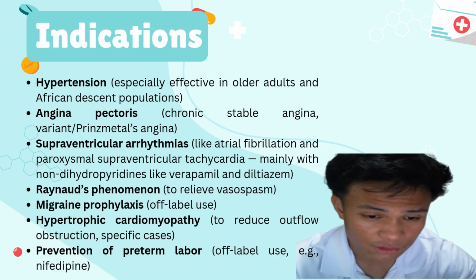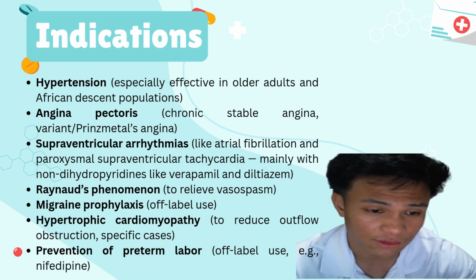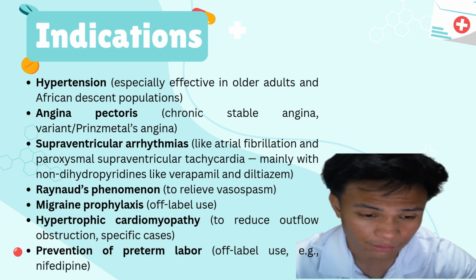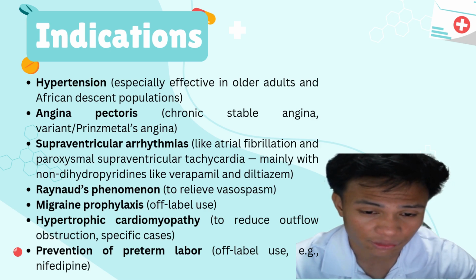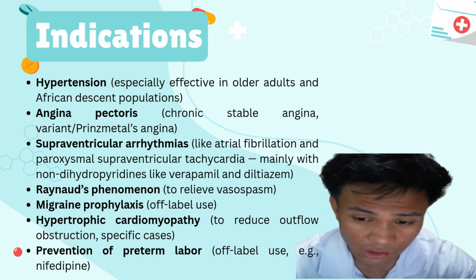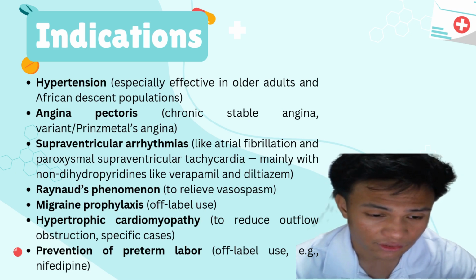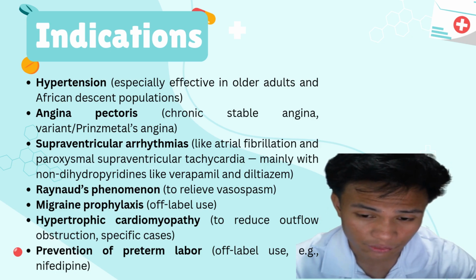Fourth is Raynaud's phenomenon, to relieve vasoconstriction. Fifth is migraine prophylaxis. Sixth is hypertrophic cardiomyopathy, to reduce outflow obstruction in specific cases. Last one is prevention of later of liver use.